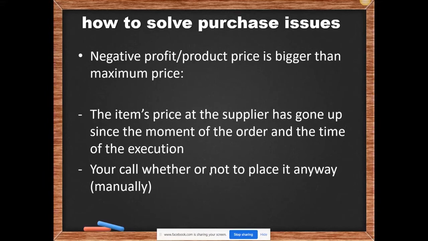But if the loss is really big, and even the discount doesn't cover it, for example a drastic jump in the price by $10 that caused me to lose about 30%, then of course I decide not to go through with the ordering and just cancel it.